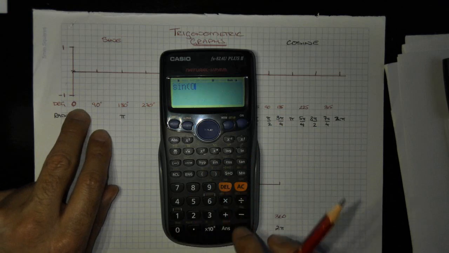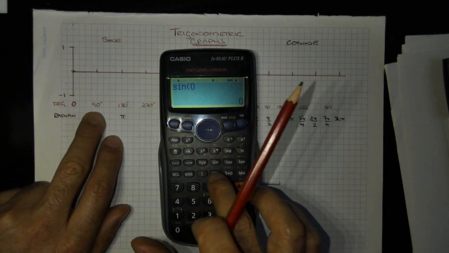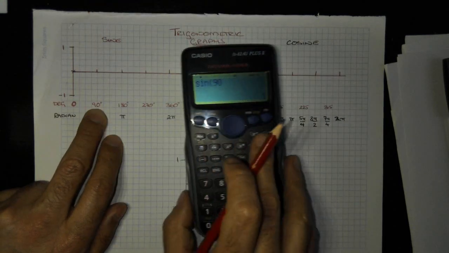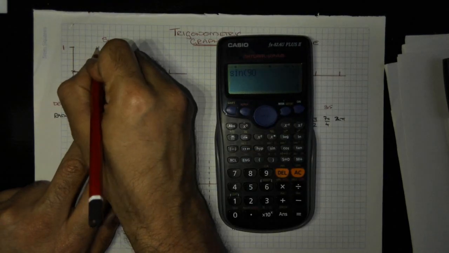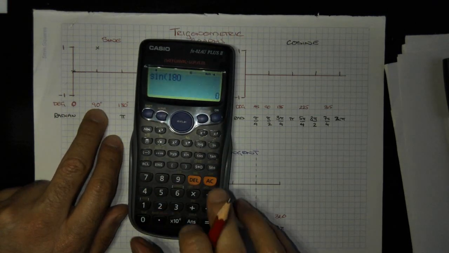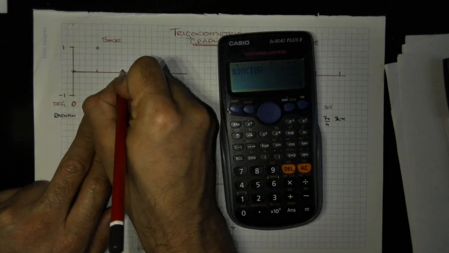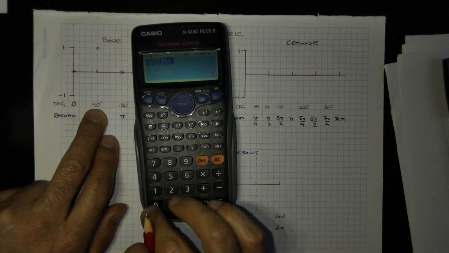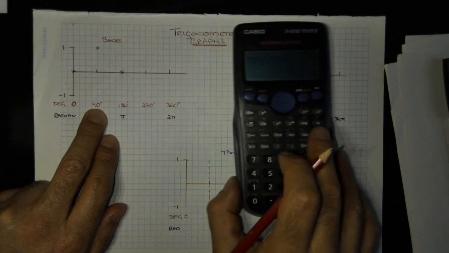sine 0, and I get 0. If I press sine 90, I get 1. If I press sine 180, I get 0. If I press sine 270, I get -1.